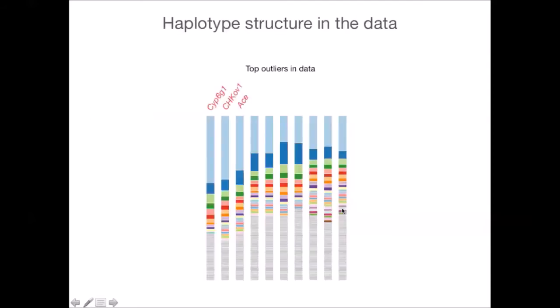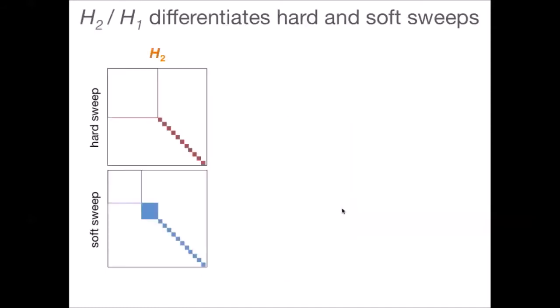Now we're just eyeballing the data here, and so we wanted to come up with a statistic that could actually distinguish whether these are hard or soft, using another statistic called H2 over H1. H2 is homozygosity computed excluding the most common haplotype.